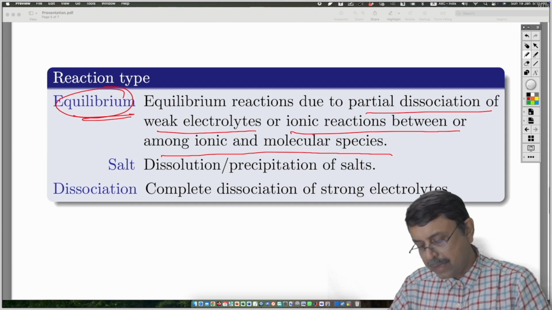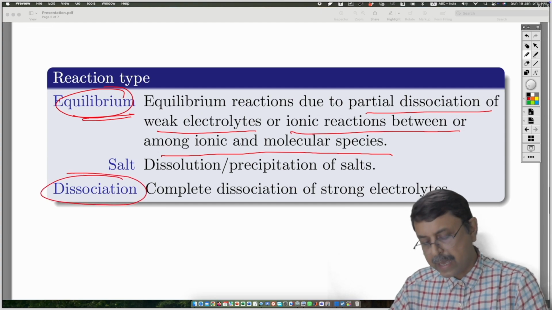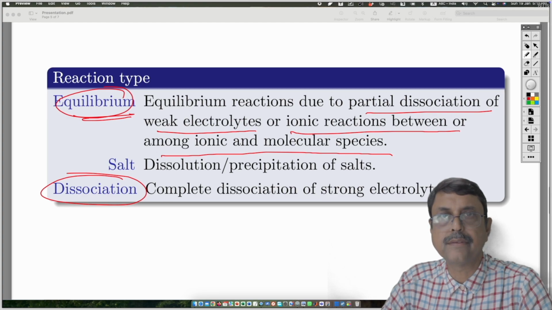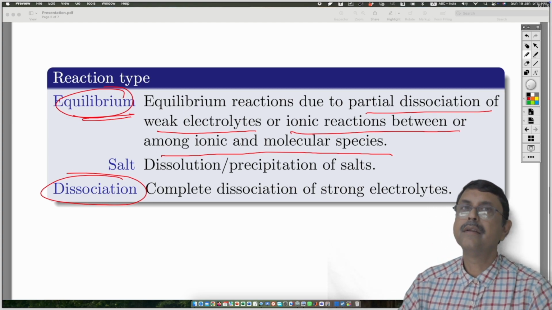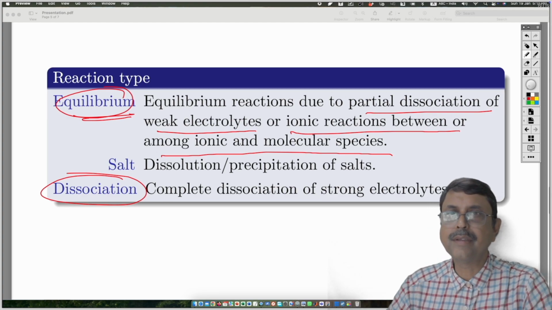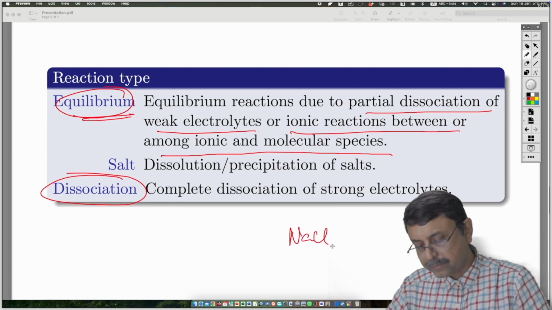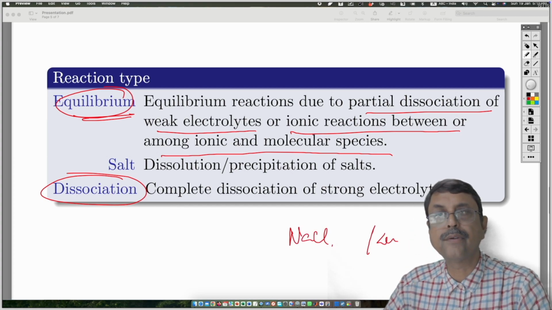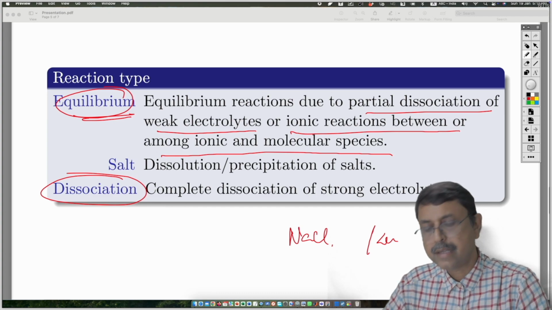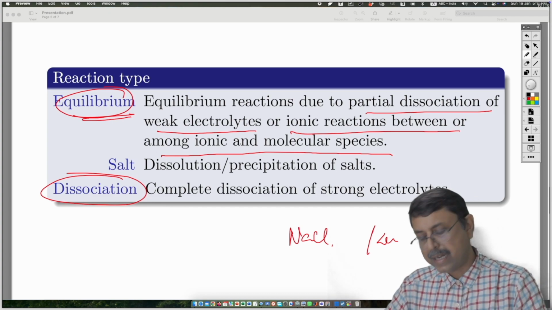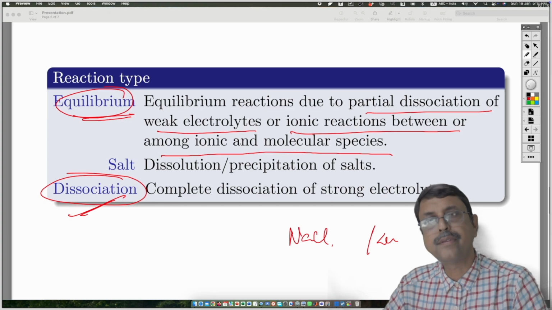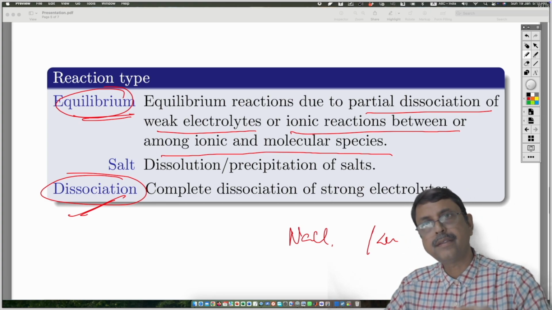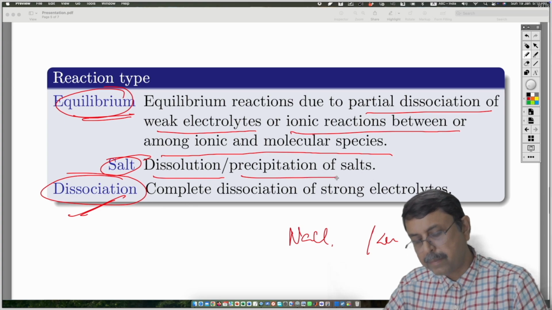And the opposite is the dissociation reaction, where complete dissociation of a strong electrolyte happens. When an electrolyte is completely dissociated, say NaCl or KCl, they are strong electrolytes, so they completely dissociate. And when that kind of reaction happens, we have to say it's a dissociation reaction. And the opposite of dissociation is salt dissolution or precipitation of salt.